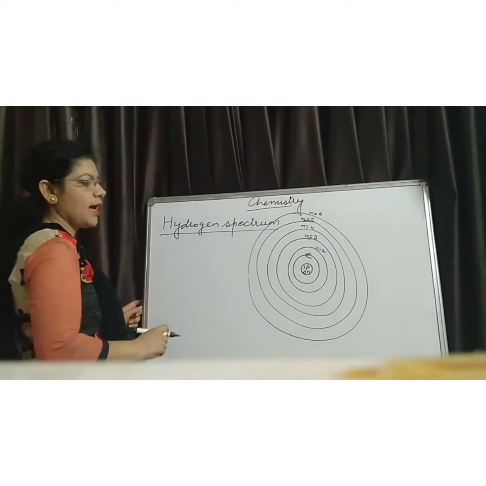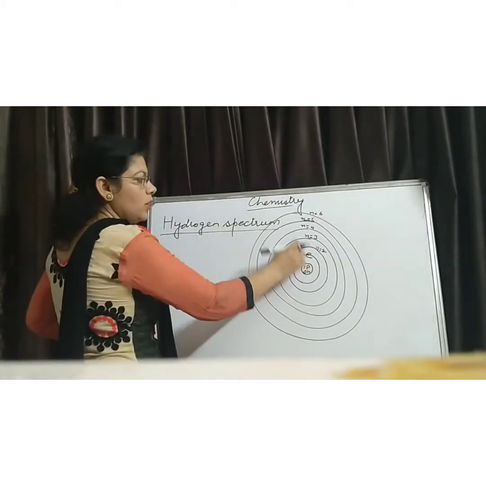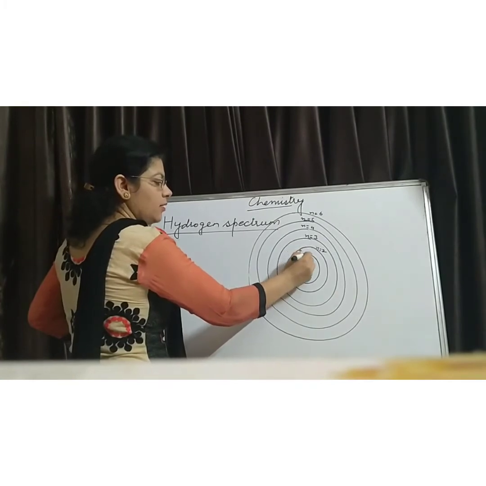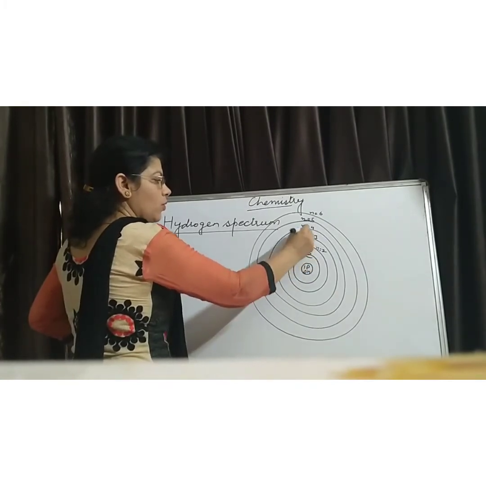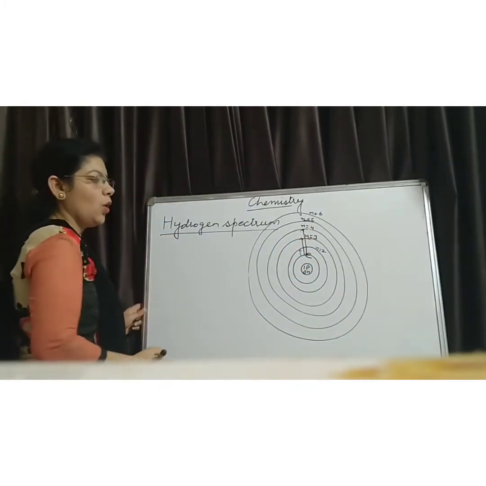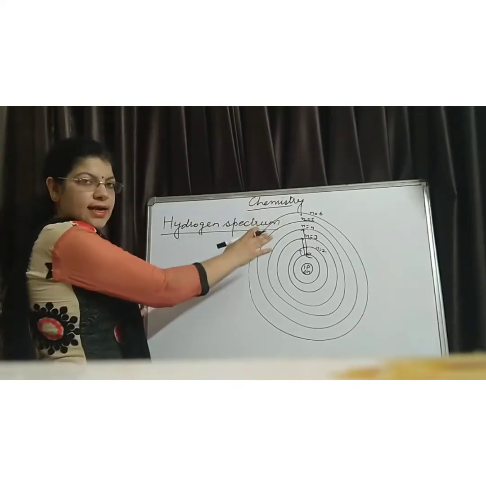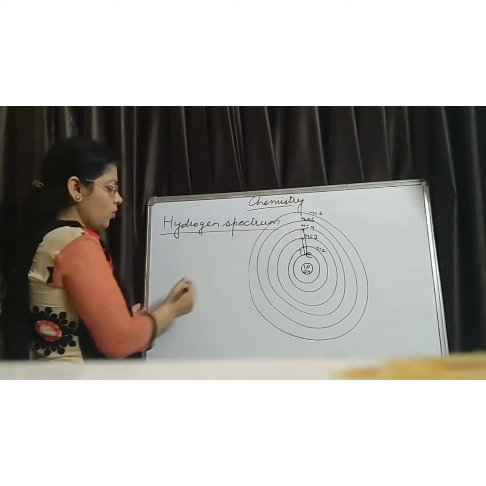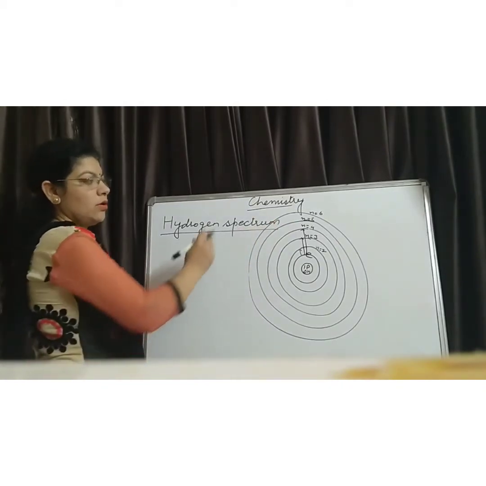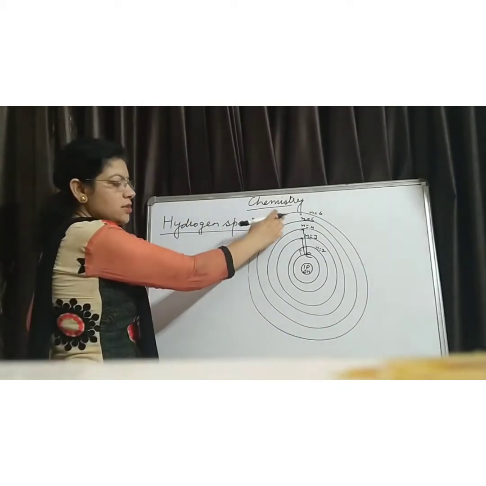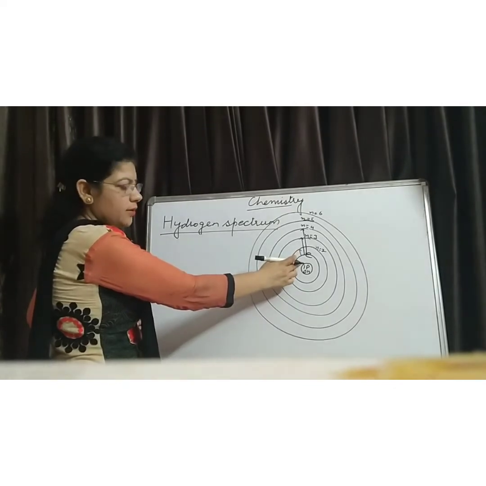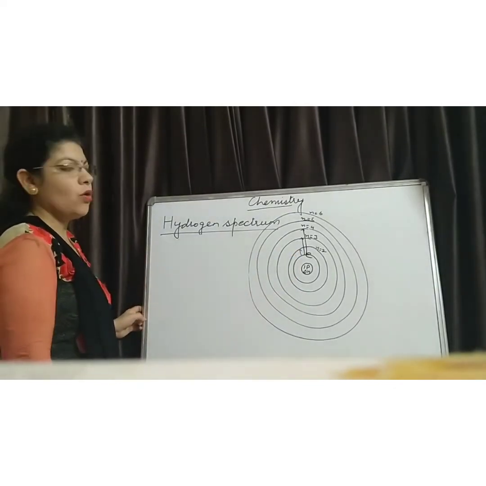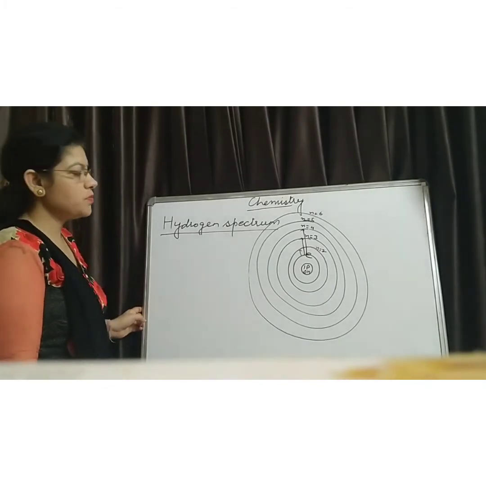Let us consider that this electron will jump either in second or third or fourth. Whenever the excited electron jumps from excited state to ground state, then a spectrum is obtained or a line is observed.